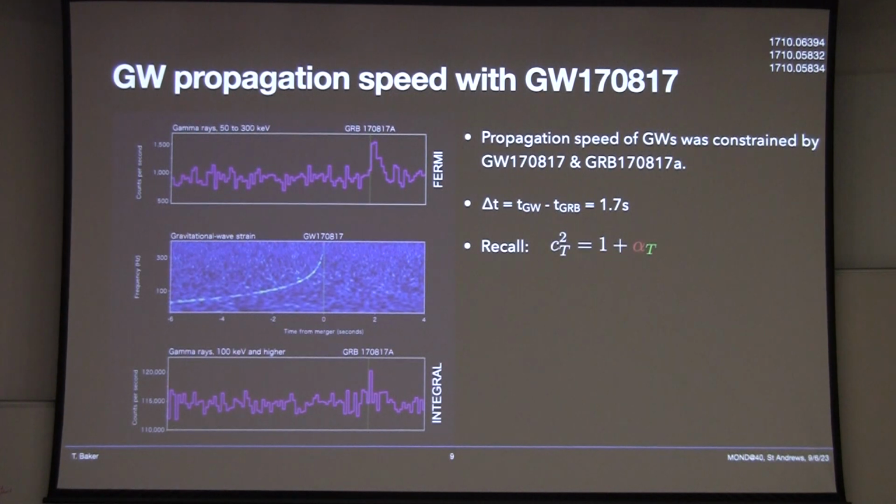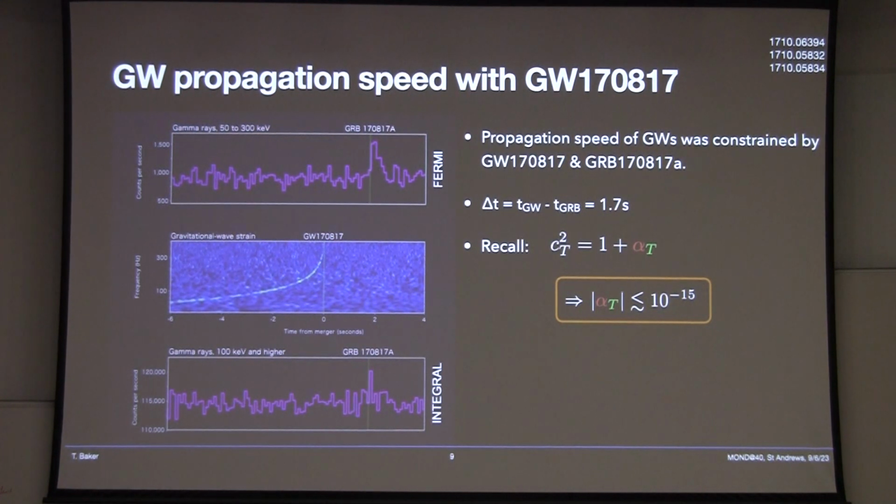It's pretty straightforward, especially because this event was so nearby. So it's just a time of flight calculation, more or less. And what you will find is that the bound on that alpha t parameter is about 10 to the minus 15. Okay, so gravitational waves seem to be traveling at the speed of light to within 1 part in 10 to the 15. That's a really, really tight bound.